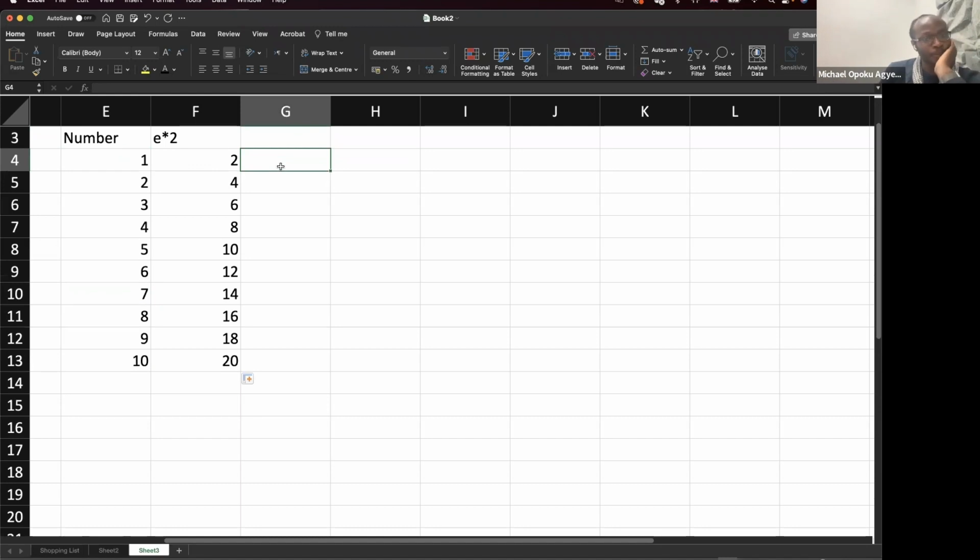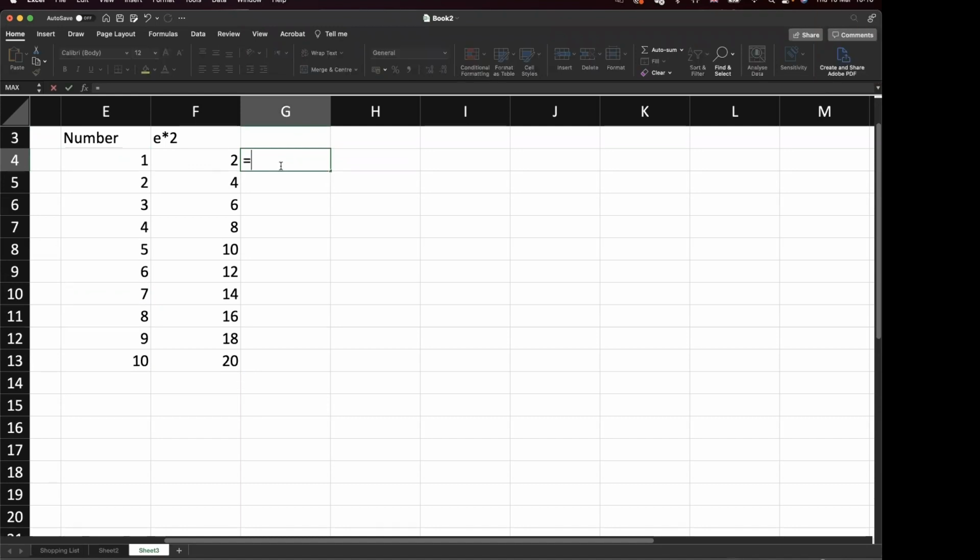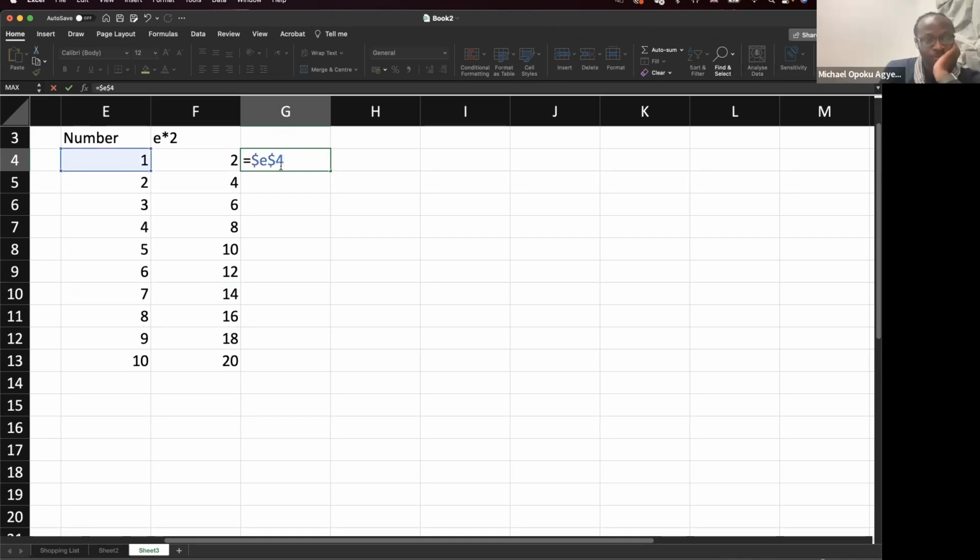So let's try that here. Equal to, the dollar sign, the E, another dollar sign, 4, multiplied by. So what do you want to multiply it with?